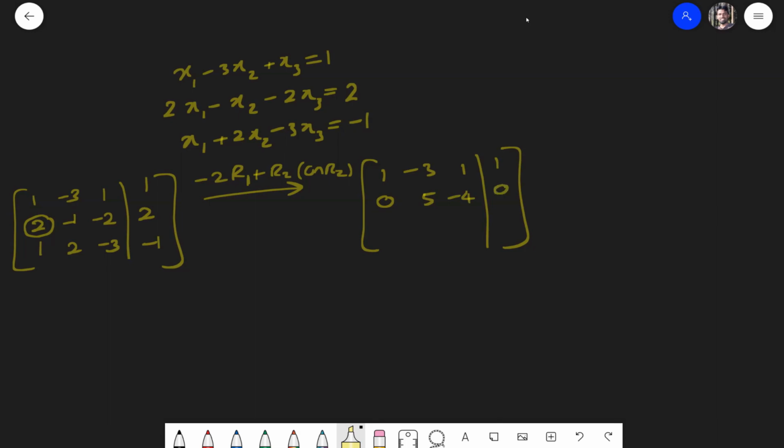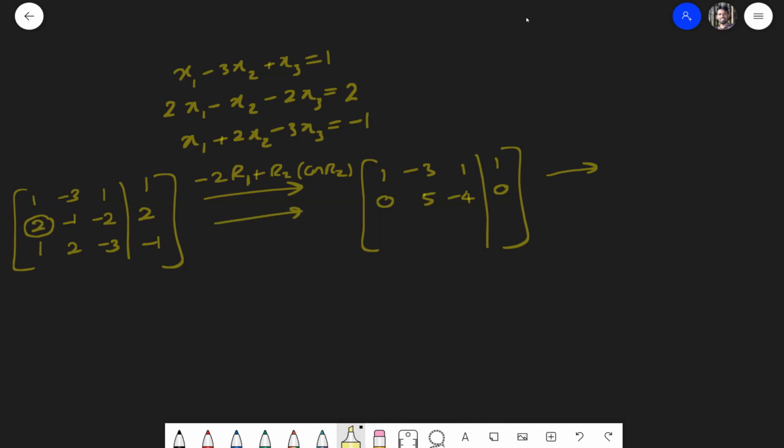I'm getting 0. At this point, if I want, I can write this row like this and do the next operation. But as I told you last time, I can do another operation in the same step.